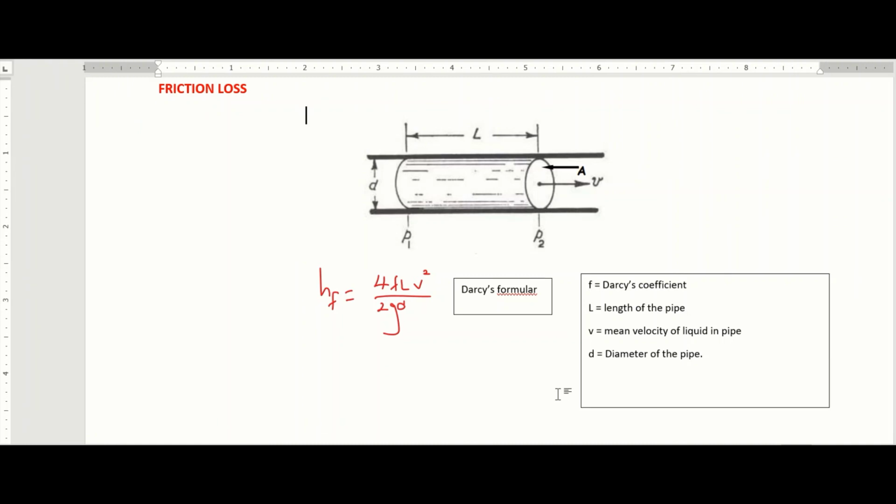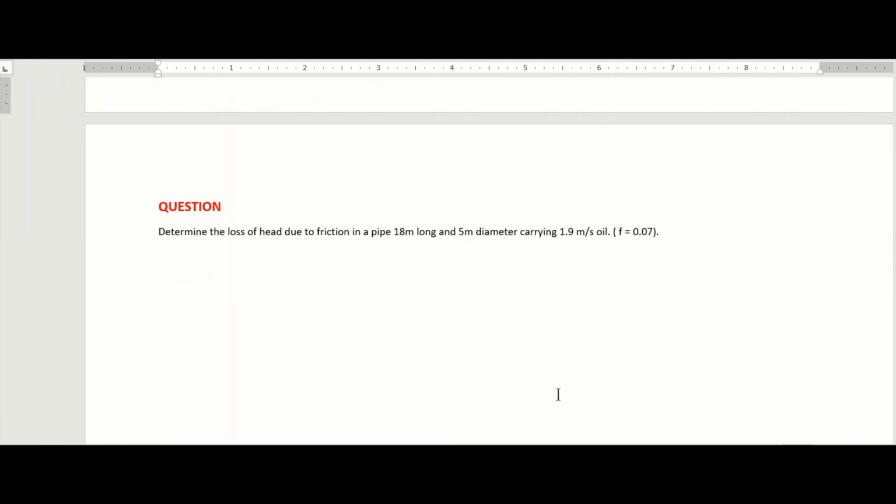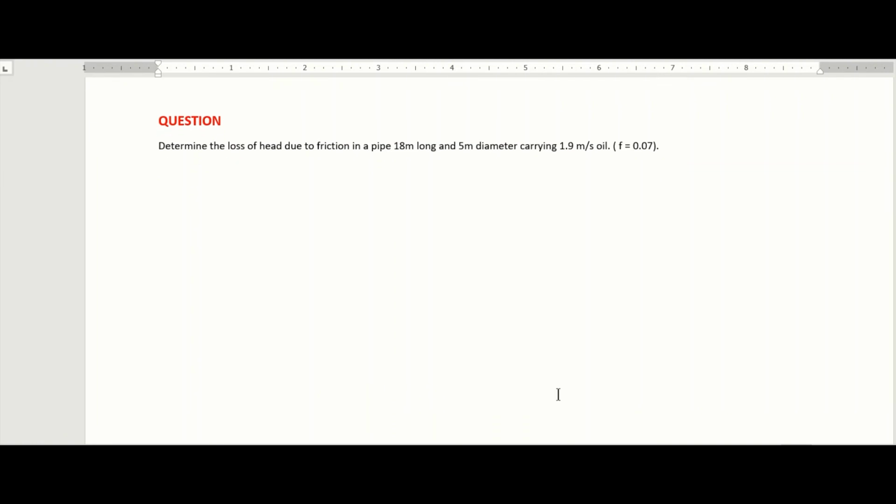So let's look at an example of a question as regards to friction loss. Now, we're asked to determine the loss of head due to friction in a pipe 18 meters long and 5 meters in diameter carrying 1.9 meters per second oil if our Darcy's coefficient is 0.07. So step 1, I can write out my given data. My length of the pipe is 18 meters.